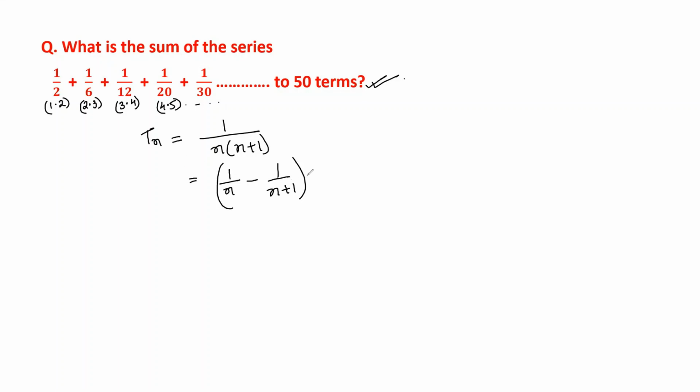Now, if the nth term can be written as 1/n minus 1 upon (n plus 1), in that case, we can write the first term t1 as 1/1 minus 1/(1 plus 1), that is 1/2. In a similar way, the second term t2 can be written as 1/2 minus 1/3.